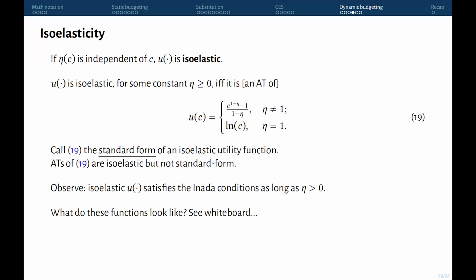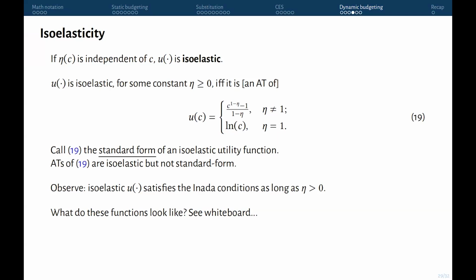So the eta equals 1 central case of log utility, let's see what a log looks like. At 1, log of 1 equals 0, right? Log of something less than 1 goes down to negative infinity. And it rises without bound, but ever more slowly as c goes to infinity.